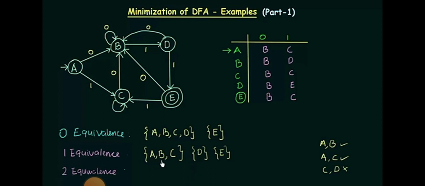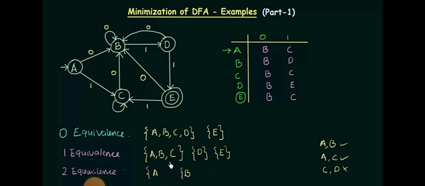So let's make one set for A and another set for B. A and B are not equivalent to each other.